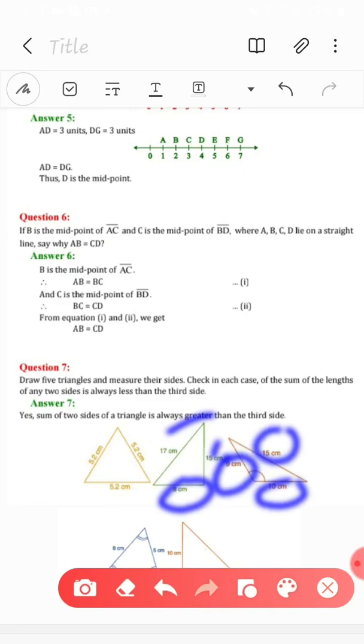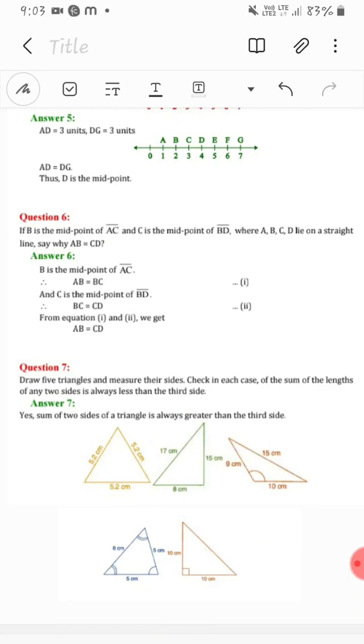Any two you add, you will get a value more than the side which you have not taken. Here also 8 cm, 5 cm, 5 cm I have taken. If I add these two 5s, I will get 10. That means that will be more than this 8. And here 10 cm, 10 cm. Obviously, if we add these sides also, we will get more than the third side.